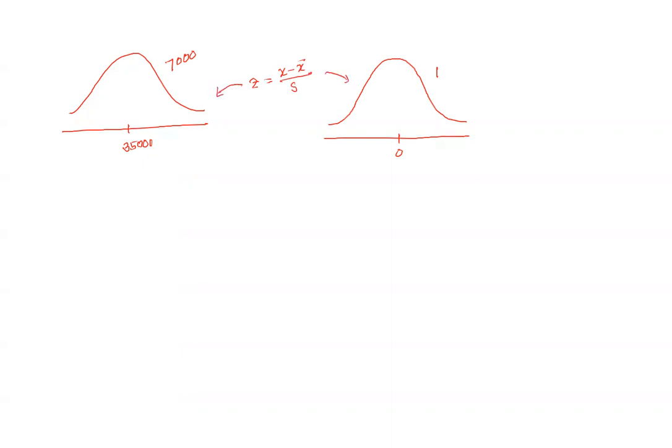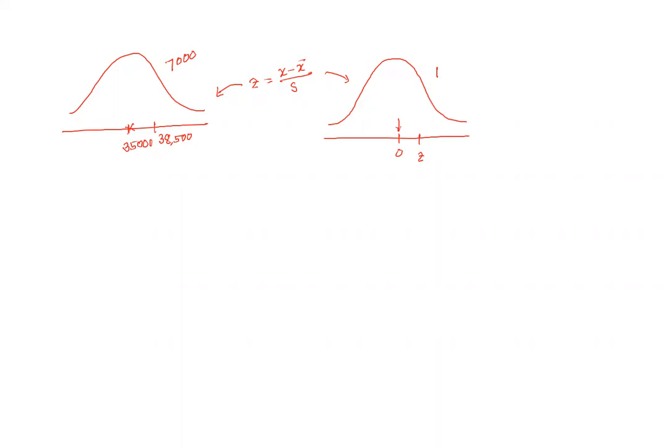So someone makes 38,500. We need to map this point to some z-score here, z. Look, when you're mapping any normal distribution to standard normal distribution, keep in mind that this middle point, the mean, maps to 0.